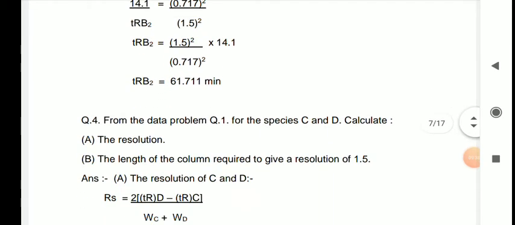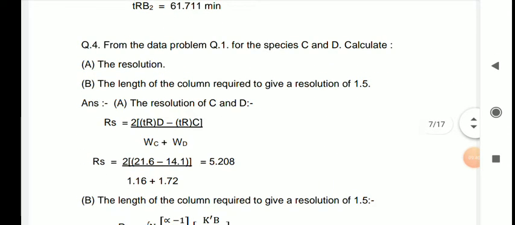Now see the next problem. From the data of problem 1, for the species C and D, calculate the resolution and the length of the column required to give a resolution of 1.5. So these two things you have to calculate. Resolution, again the formula will apply, tRD minus tRC upon WC plus WB.